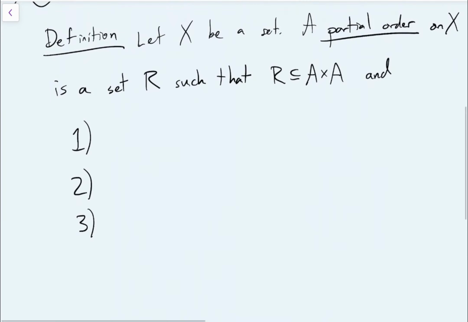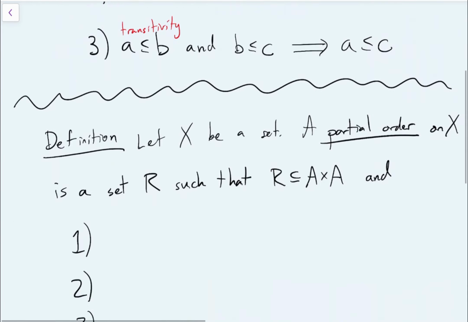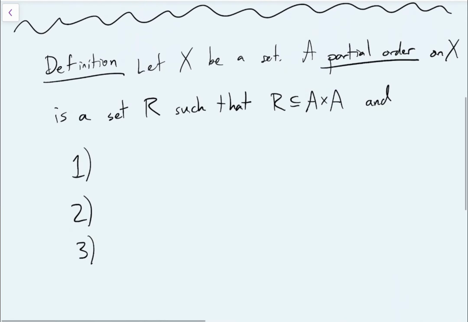So the first axiom is the reflexivity axiom. Remember that said it should be the case that A is less than or equal to A. Well, let me try to explain what R is supposed to tell us. We're defining an order to be a subset of A cross A. I'm sorry, I was calling this set X. So a subset of X cross X. I got confused there.